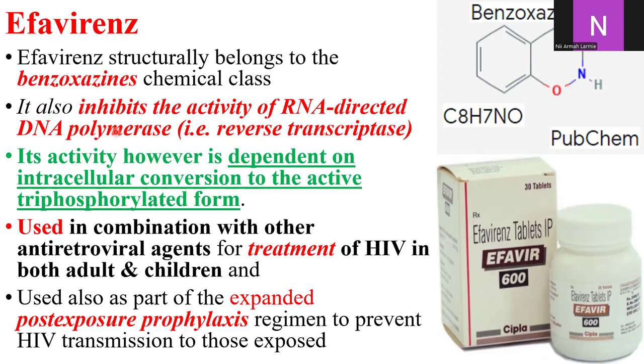It is an example of a DNA polymerase. Efavirenz, we are saying, is the one that needs to be converted into a triphosphate form. It has to be activated before its activity. It's also being used together with other HIV medications for treatment of HIV in both adults and in children.